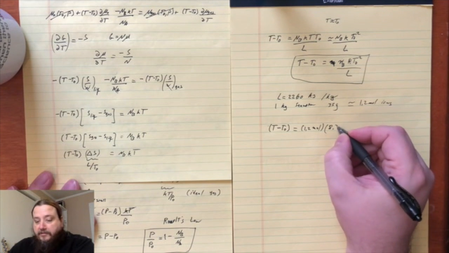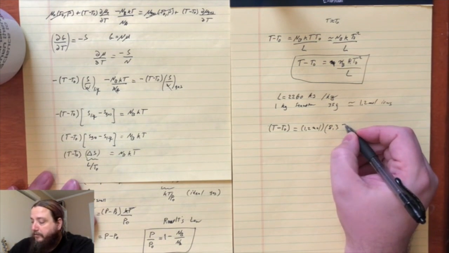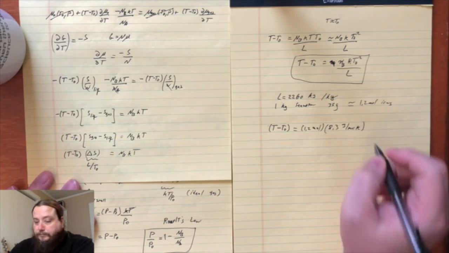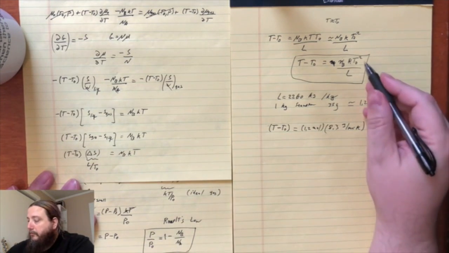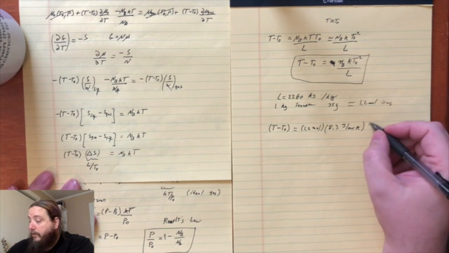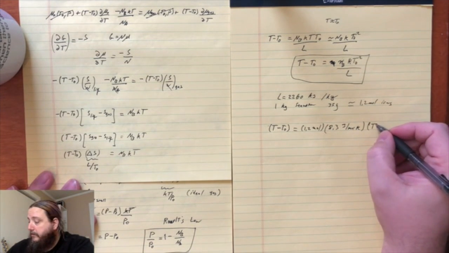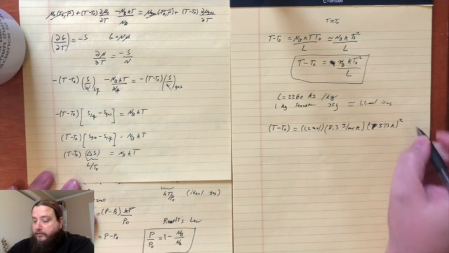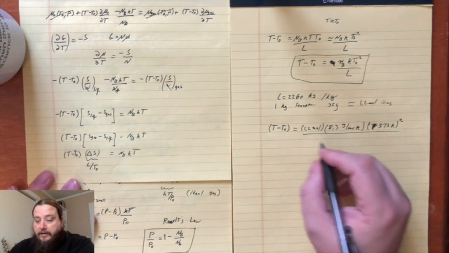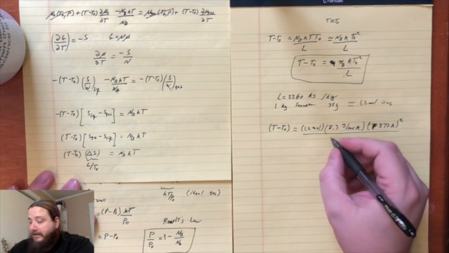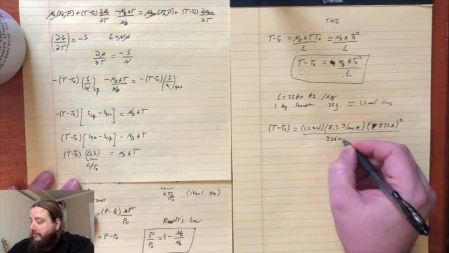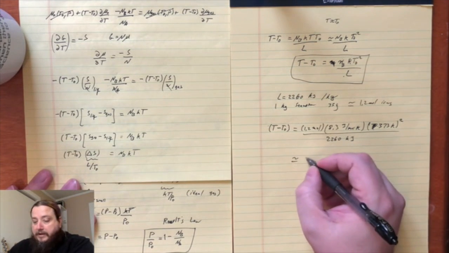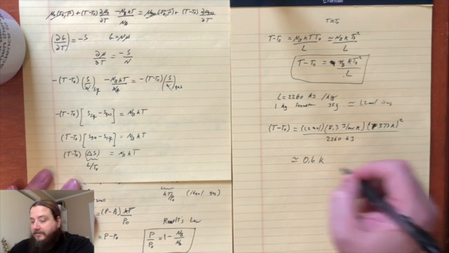The gas constant here is 8.3 joules per mole per Kelvin, multiplied by the boiling point of water squared, so 373 Kelvin squared, divided by the latent heat of water, 2260 kilojoules, and that comes out to about 0.6 Kelvins or so.